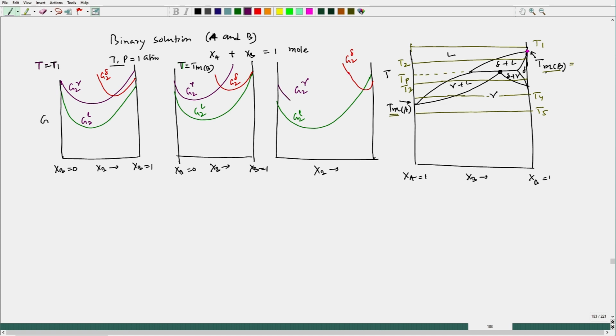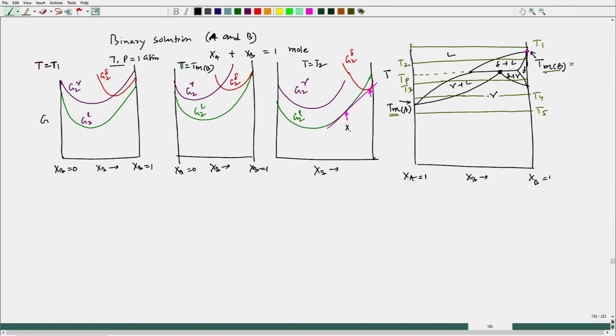This G2 gamma I can draw like this. Please understand that G2 gamma is still above G2 liquid, and G2 delta and G2 liquid are now going to have a common tangent. So, if I draw the common tangent, this is the common tangent. This composition and this composition are under equilibrium. These are the two phases that will coexist at T equal to T2.